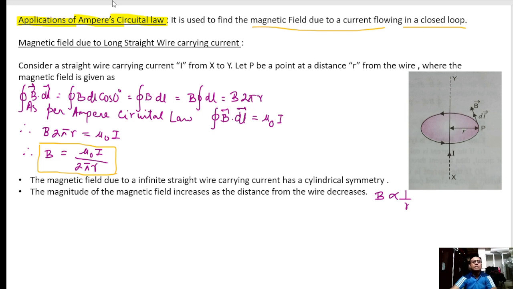Ampere Circuital Law is only for closed loops, and I will find the magnetic field due to the closed loop carrying current, which I can easily find by using the formula mu 0 I. Clear?